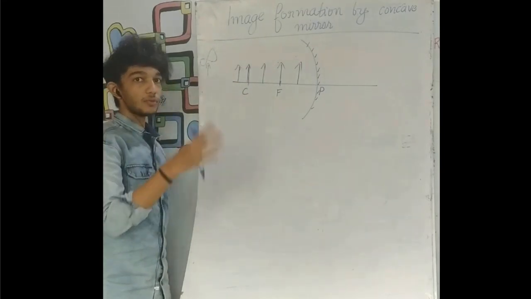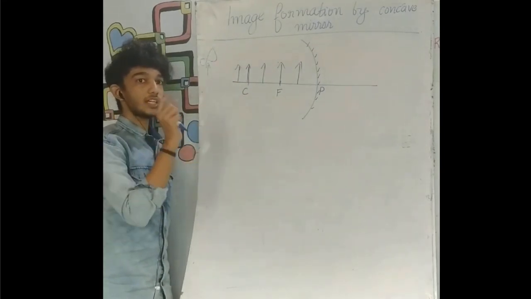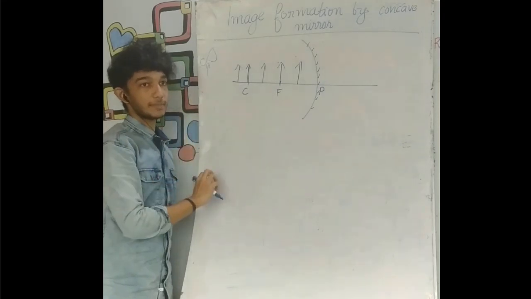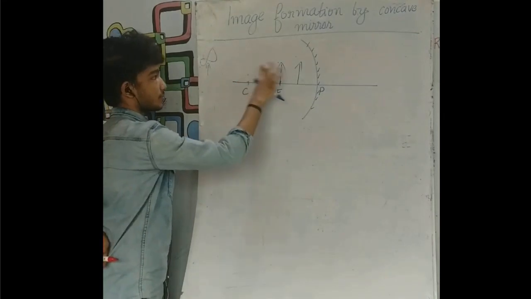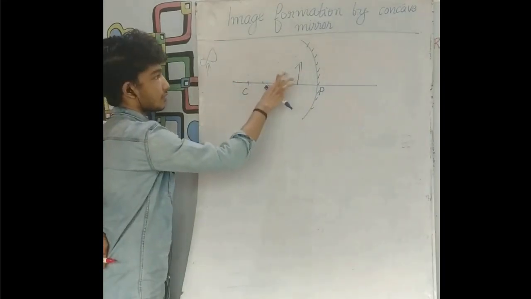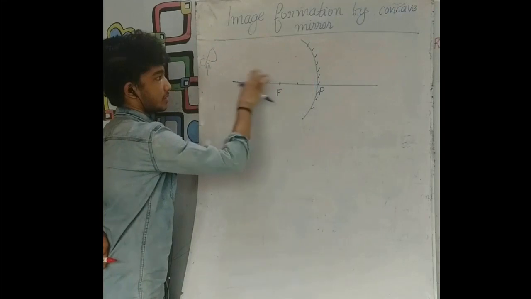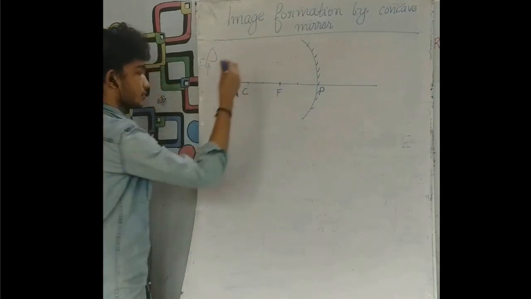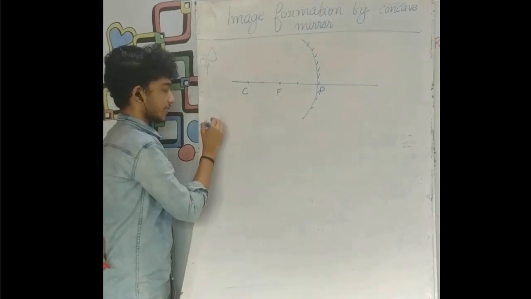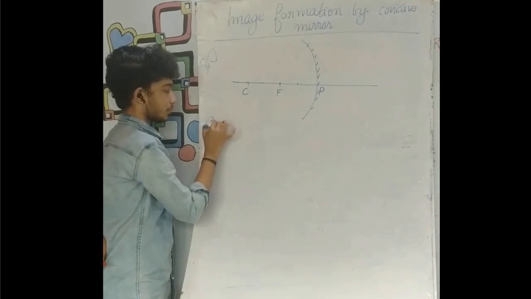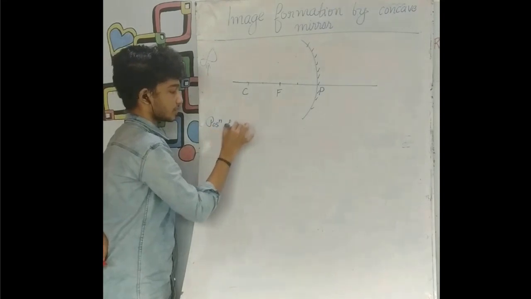Let us see how the image formation will be when the object is placed at each of these places. So let us analyze the situation one by one. First of all, let me draw a tabular column for that purpose. In the first column, let us see where the object is placed: position of object.